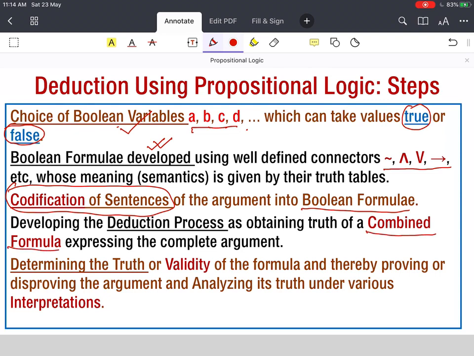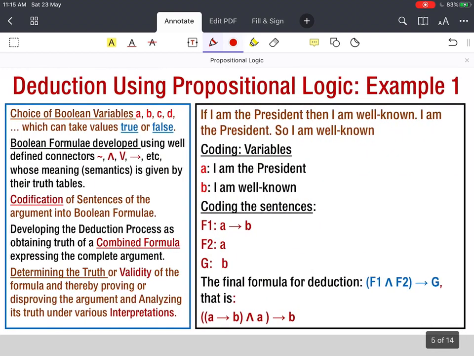After that, we develop a deduction process and find out a combined formula which expresses the complete argument. And then we try to determine whether this formula is always true, sometimes true, never true, etc. This is the process, and we shall now go through this process through a series of examples.